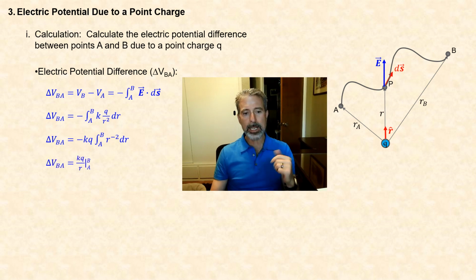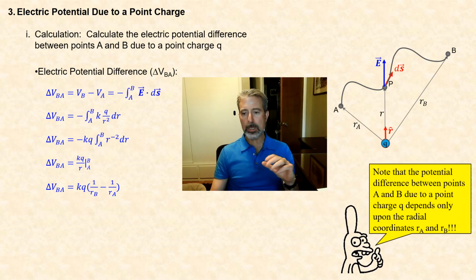And therefore the negative sign cancels. We get kq over r evaluated from point A to point B. Point B is a distance r sub b from our source charge. So we can factor out the kq and write this as 1 over r sub b minus 1 over r sub a.